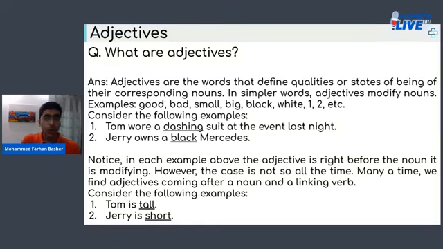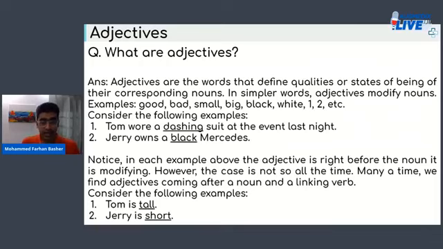There are times when the adjective will come after a noun, such as in the example, Tom is tall. Here, the noun is, of course, Tom, and the adjective is tall, and the adjective has come after the noun, right? But how do we connect this noun and the adjective that modifies the noun?